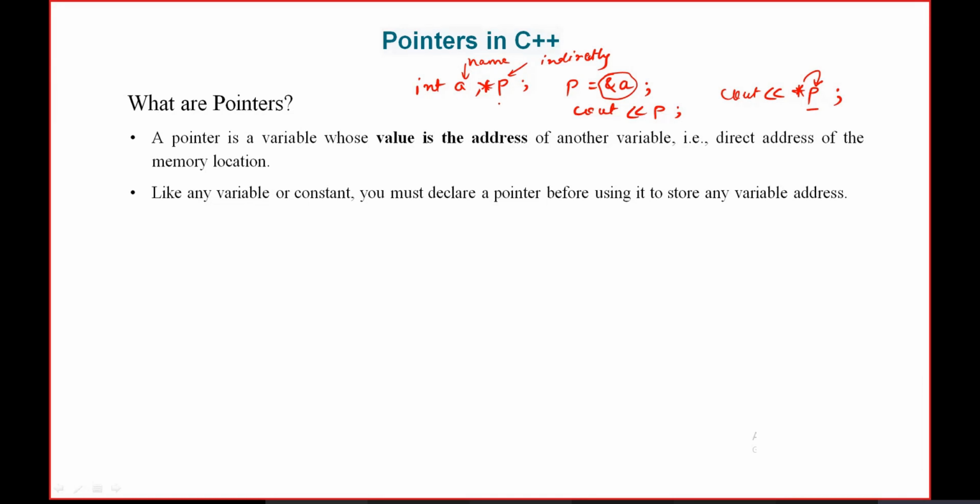Okay, so this is a basic concept of a pointer: a variable that carries the address of another variable. So as I told, with the value we are accessing directly, with the address we are accessing indirectly. Fine.